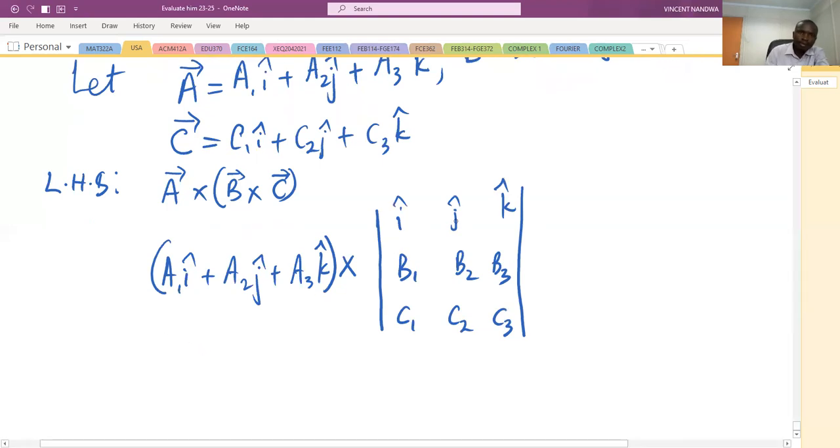So this part will have A1 i plus A2 j plus A3 k.